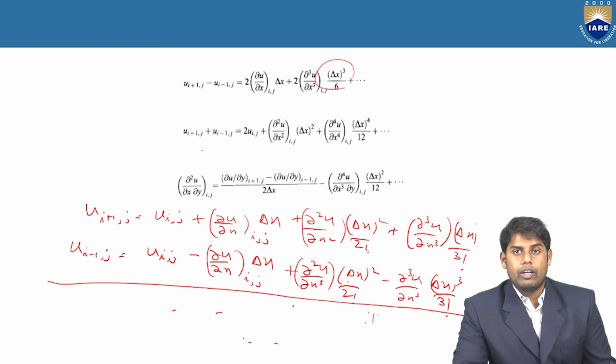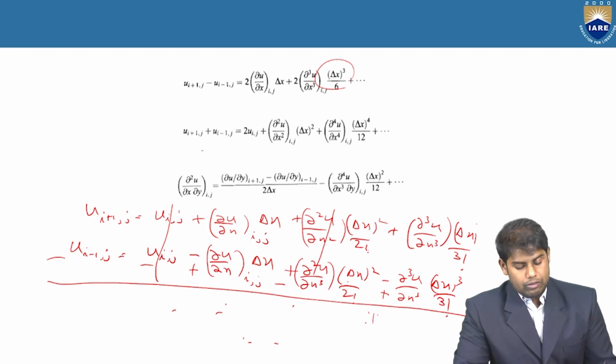Here we are subtracting this by this. When you subtract, the minus and minus become plus, and the terms with even powers get cancelled.